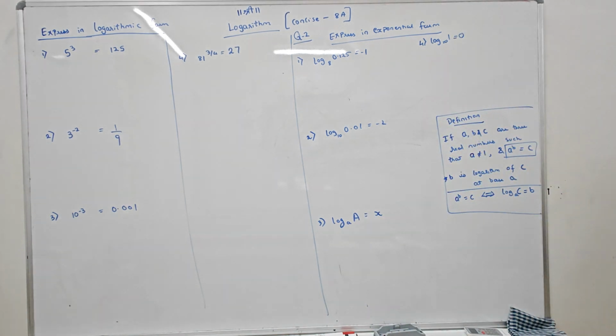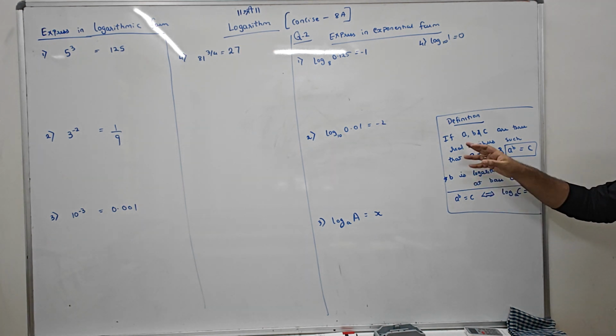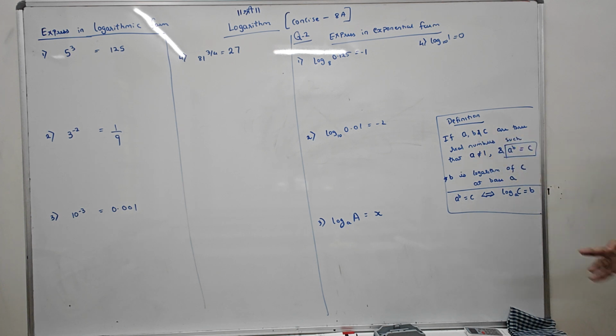So how do we define logarithm? Let us assume A, B, C are real numbers, any three numbers, with the condition that A cannot be equal to 1.